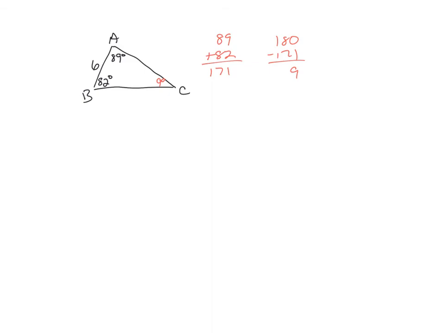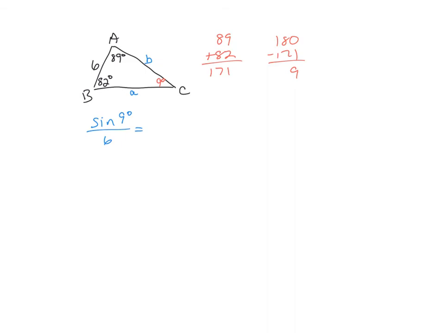and the 6 across from it. So I can do sine of 9 degrees over 6. And then I just have to figure out, technically this is the B side over here, and this is the A side over here, because it's always the lowercase letter across from the angle with the uppercase letter.